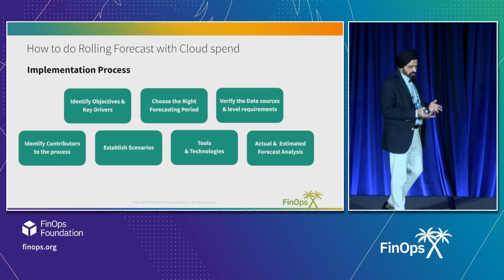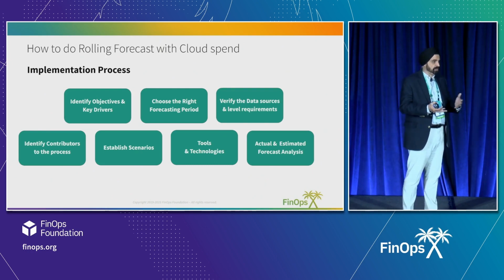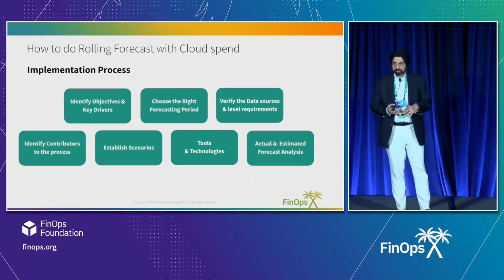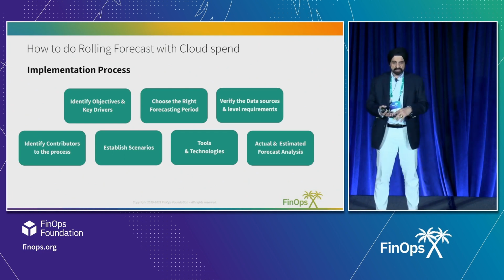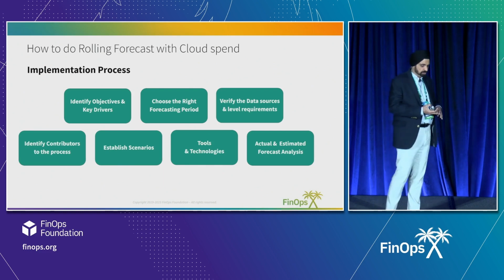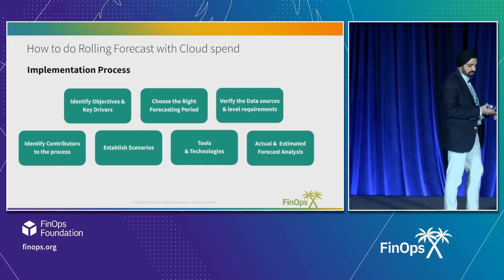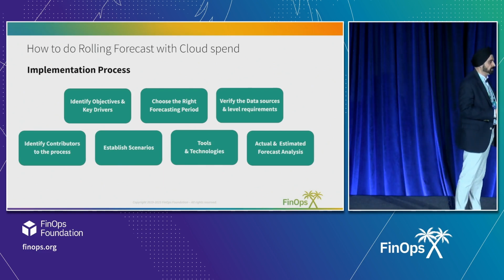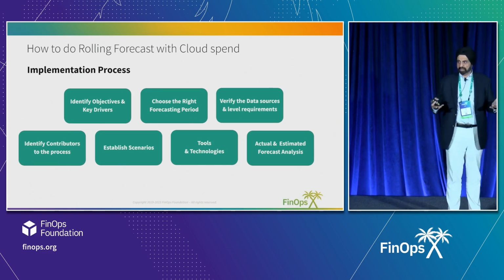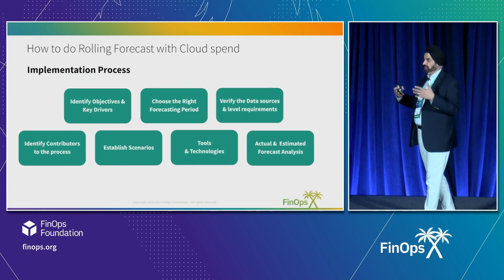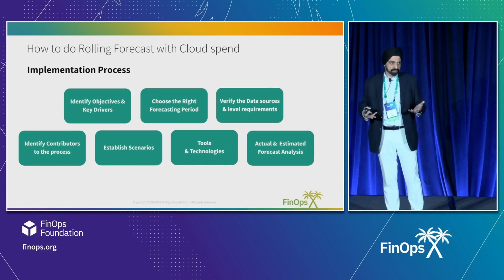Another thing is establishing scenarios, right? The scenarios I already mentioned to you, labor, inorganic growth, right? All those you take into place, and then tools and technologies, where you do have to have all the sources like I mentioned. It doesn't have to be a buy. You can use your own tools, what you're doing today, but do it more frequently, right?